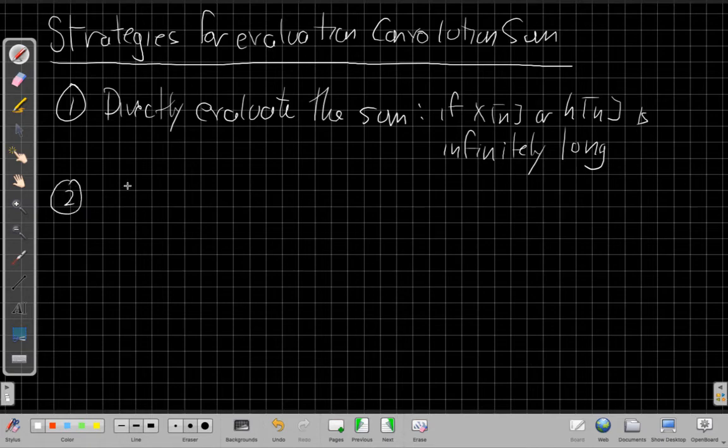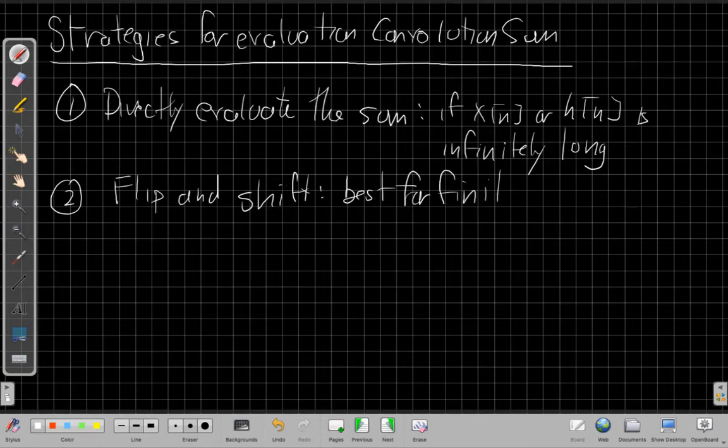The other approach is sometimes called the flip and shift approach, which is a graphical form of convolution. This works best for finite length signals and impulse responses, because it's a mechanical process.